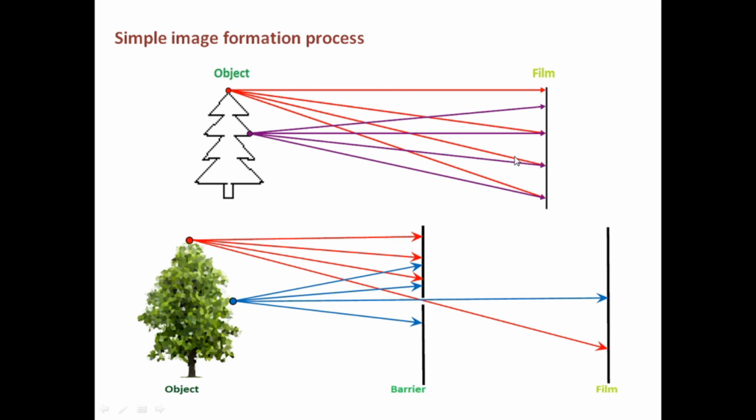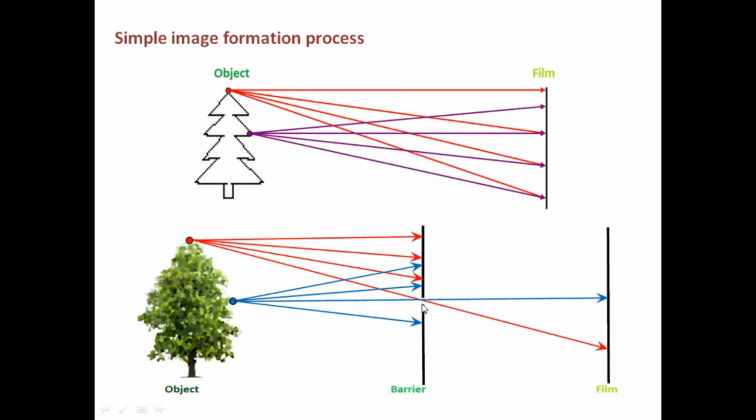Because of this, I will make a small adjustment such that the setup is designed in such a way that I add a barrier here. This barrier blocks most of the rays reaching the film, right?